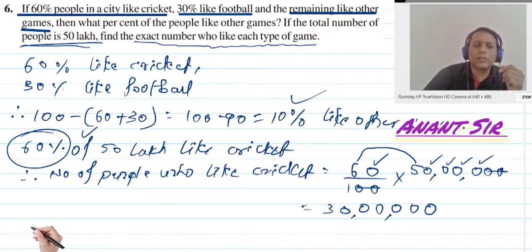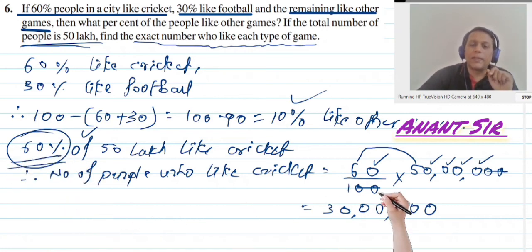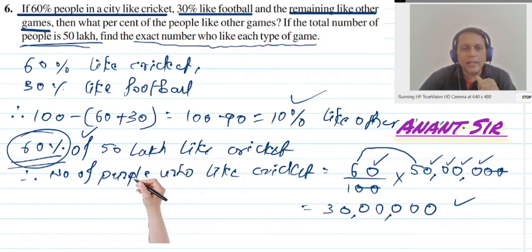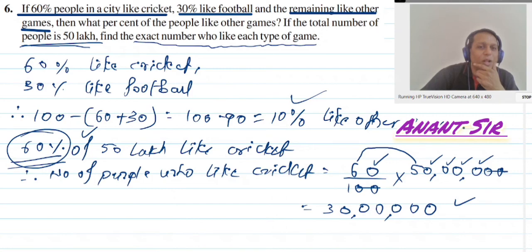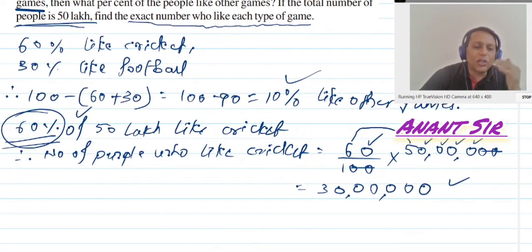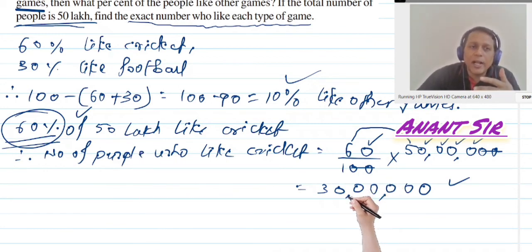Now other things you can directly do. See, if 60% people is 30 lakhs, then 30% people will be how much? Can you tell me directly? If 60% people is 30 lakhs, then 30% people will be half of it, right? 15 lakhs.